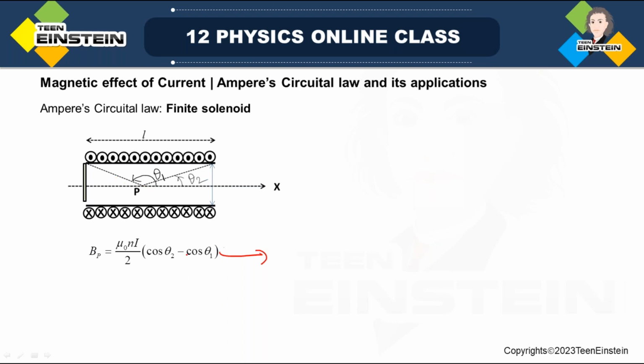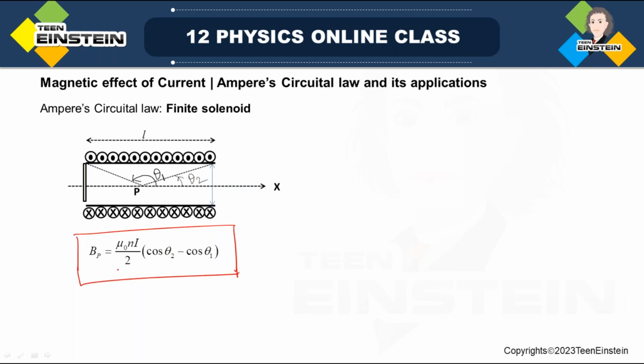So cos theta is plus 1 here. And what will be this one? Sorry, this will be 0, cos theta 2 is 0. So this will be 1 plus 1, so 2, then it will give you mu0 n i. I hope you have understood this. I'll repeat this. Suppose this is the general formula for a solenoid.